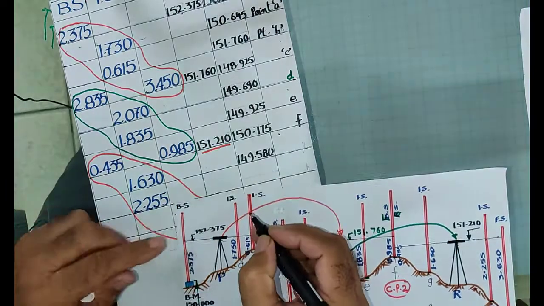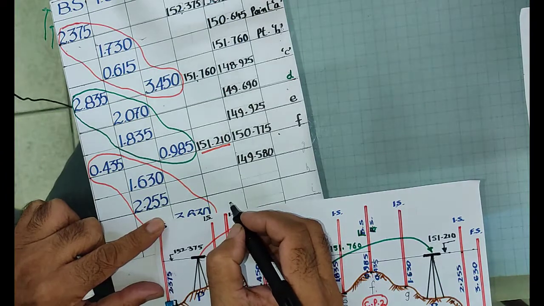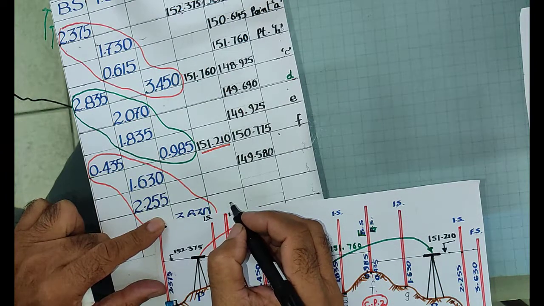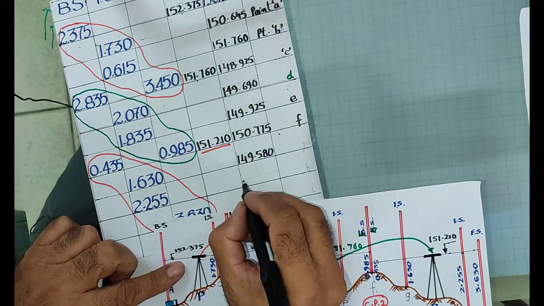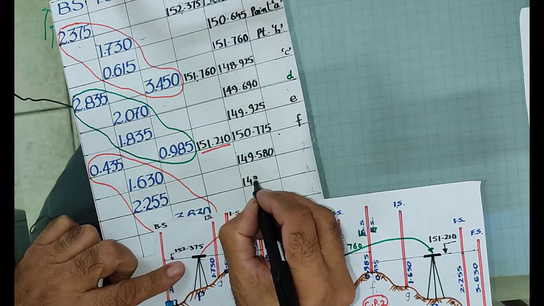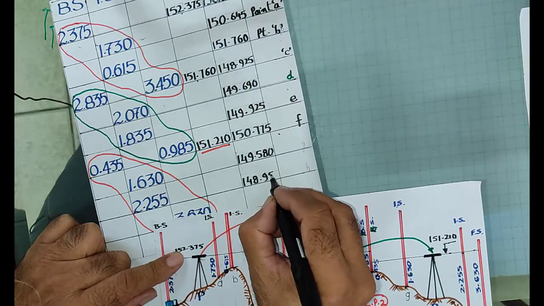Okay, similarly you deduct 2.25 from this. This comes to be 148.955.